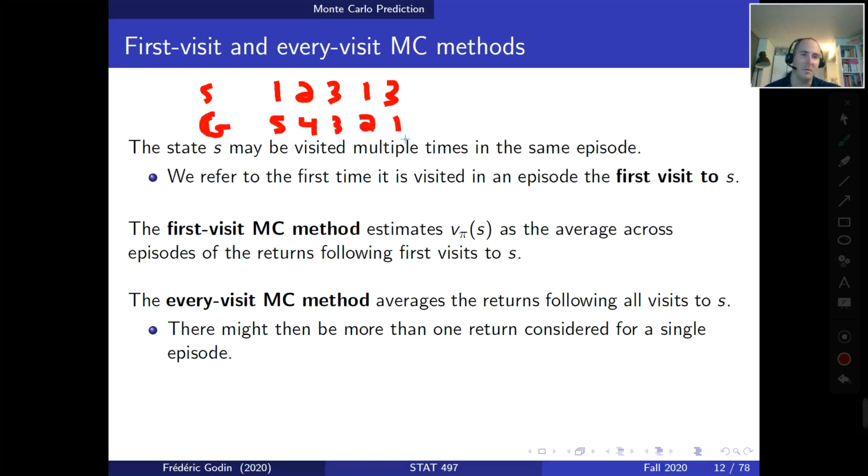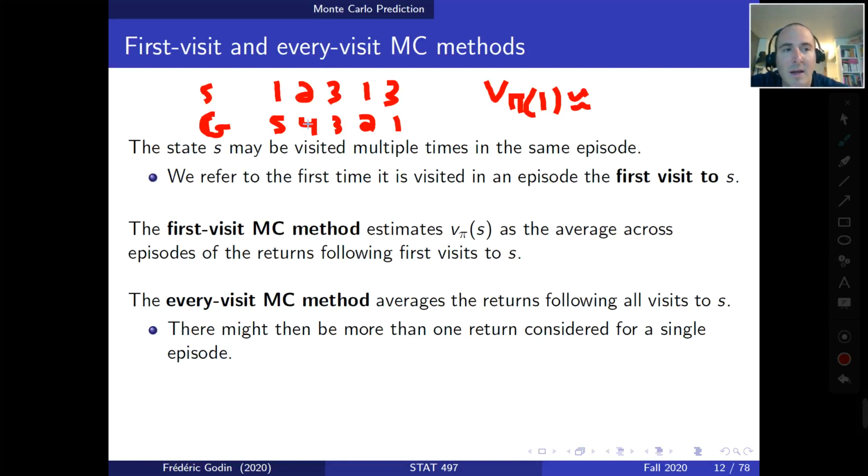So here in the first visit MC method, the estimate of state 1, v pi 1, would be approximated by the average of all returns, but only for the first time you've encountered state 1.